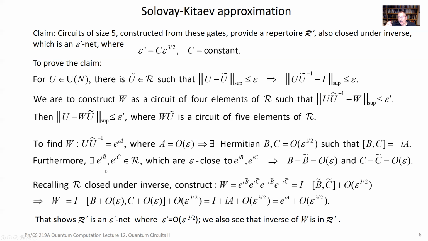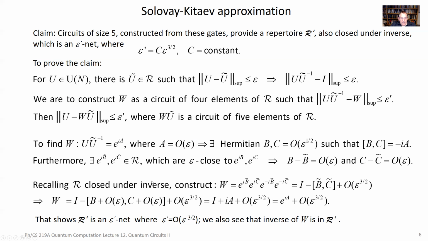Now, because our original repertoire is an epsilon net, that means that e to the iB is epsilon close to some element of the repertoire, which I'm going to call e to the iB tilde. e to the iC is epsilon close to some e to the iC tilde, which is in the repertoire.